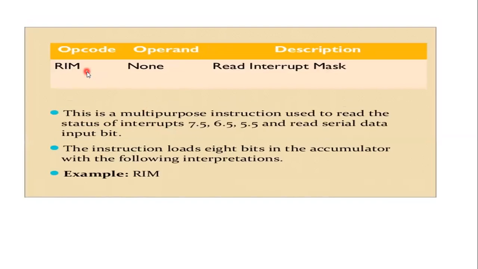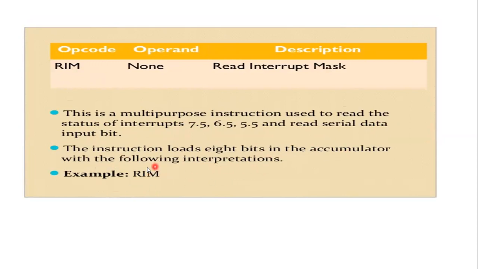Then RIM, read interrupt mask. This is a multi-purpose instruction used to read the status of the interrupts 7.5, 6.5, 5.5, and read serial data input bits. The instruction loads 8 bits into the accumulator with the following interpretations.